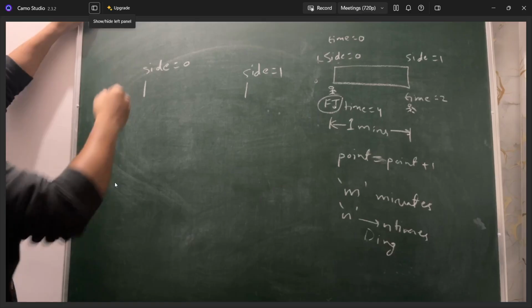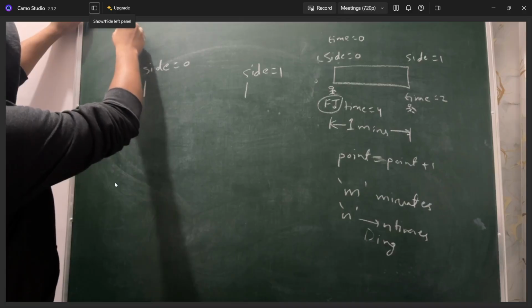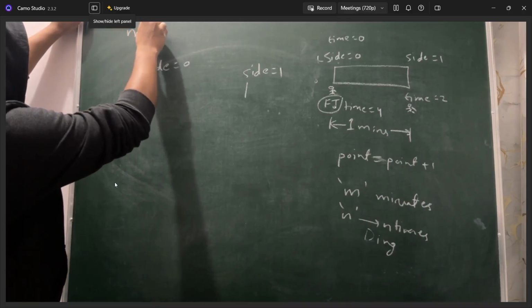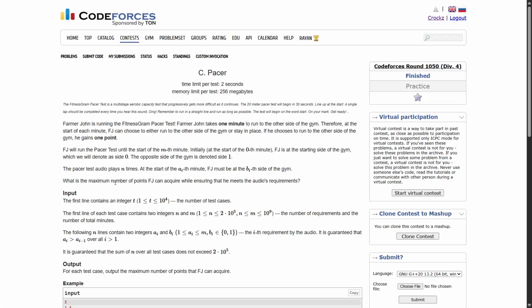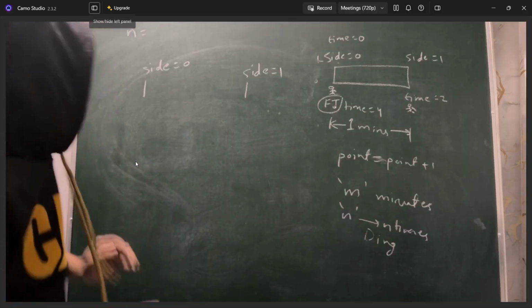So based on the requirement, the first requirement for this case was n is equal to, what was it, 271140.